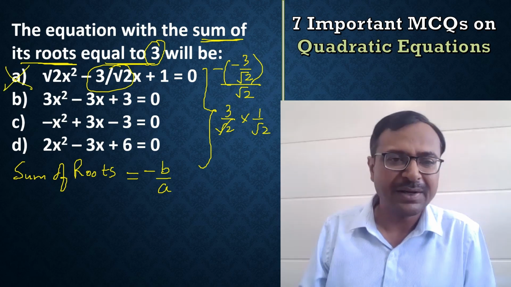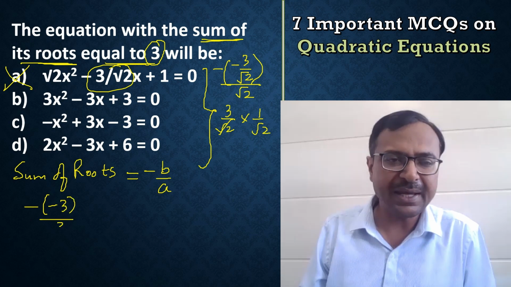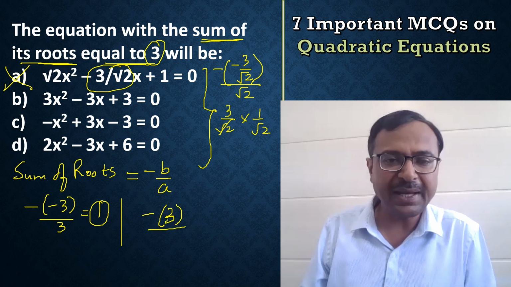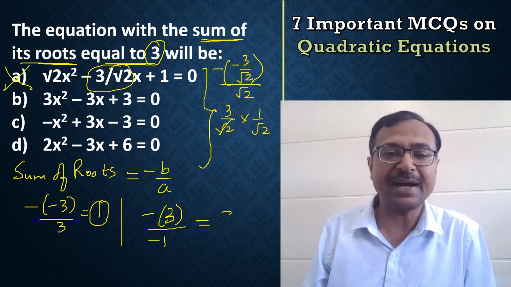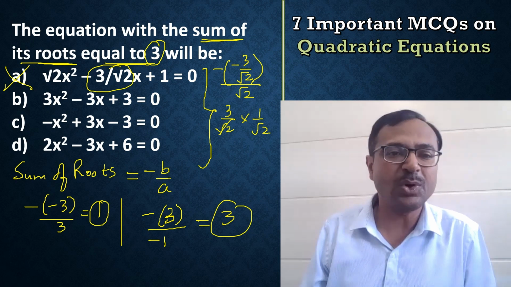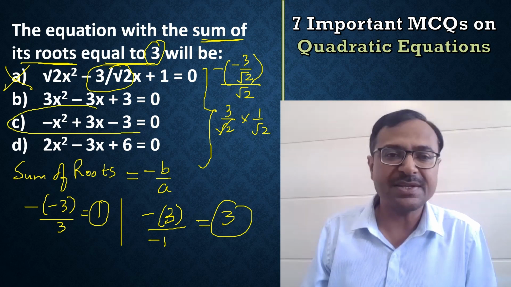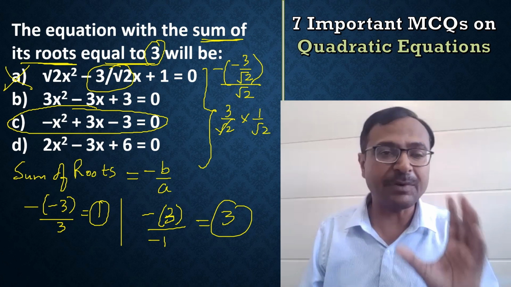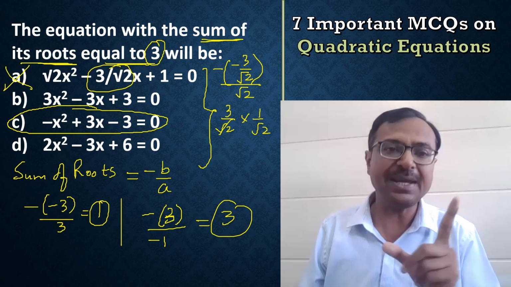The second one, negative b is negative 3, upon a is 3, so that's 3 upon 3, which is 1, again ruled out. C part, negative b is 3, upon a is minus 1, look at that, that is exactly 3. So the answer for the question is C, because negative b upon a, that is the sum of the roots, becomes equal to 3 in that case.